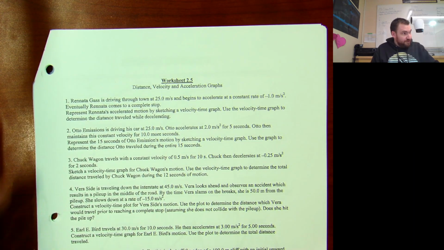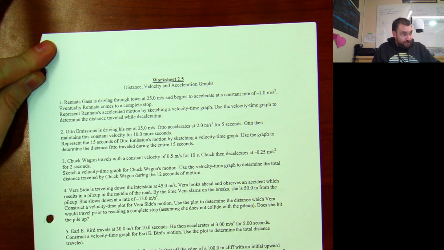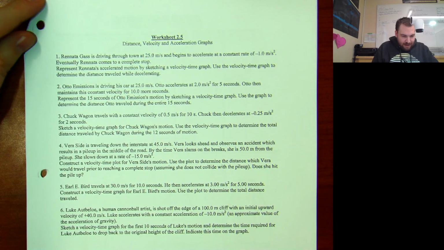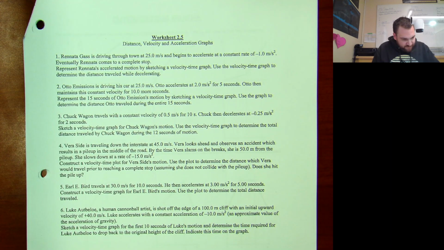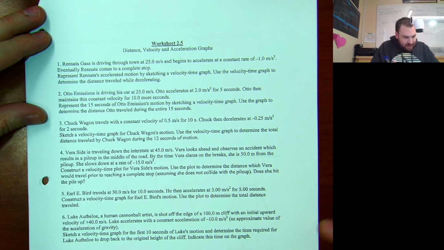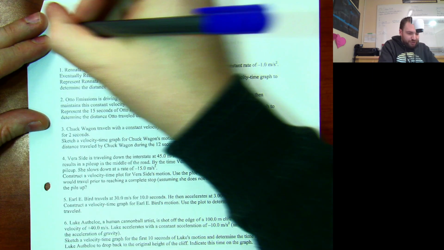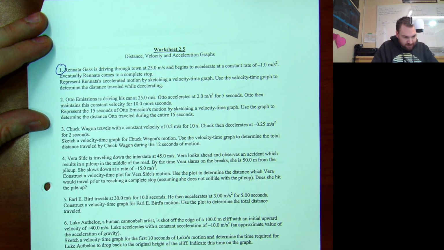Skipping class is worse. Skipping class means you've got to catch this up on your own time. How about let's do the even ones? Do 4 and 6. Good enough. I want you on this page here to try 1, and that's it.